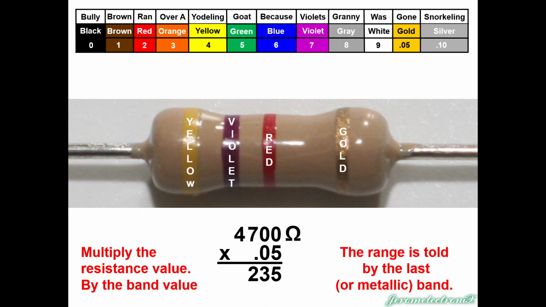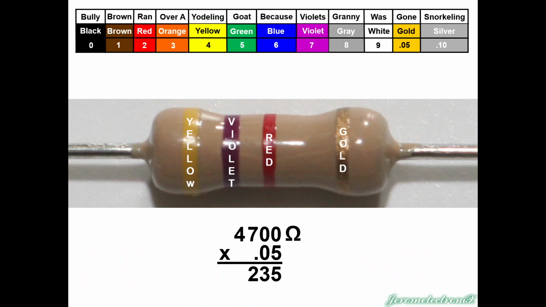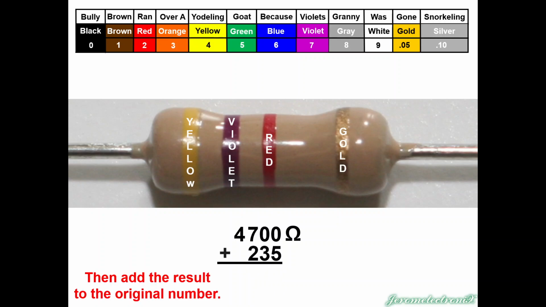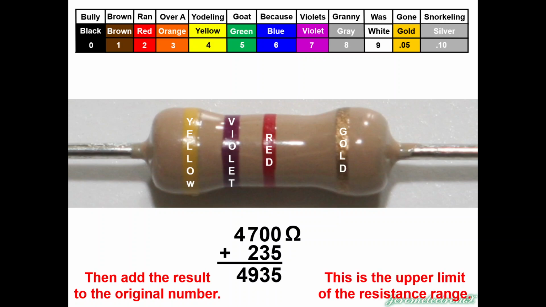We get from that 235. We're going to take that 235 and we're going to add it to the result. So 4,700 plus 235 is 4,935. This happens to be the upper limit of the resistance range that we're talking about.